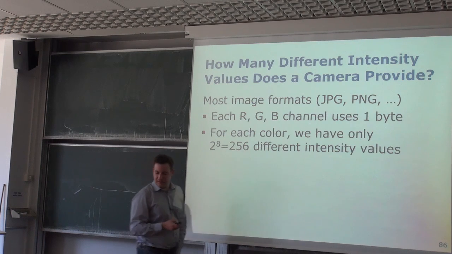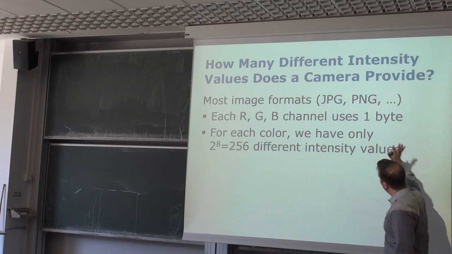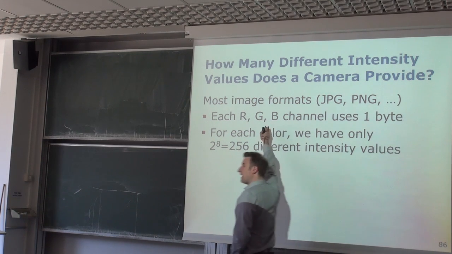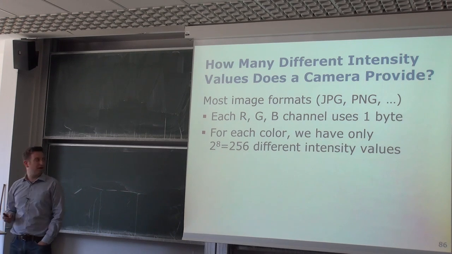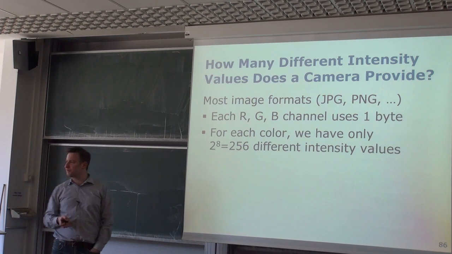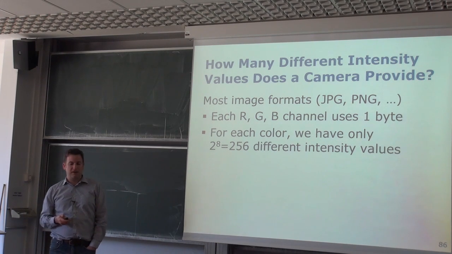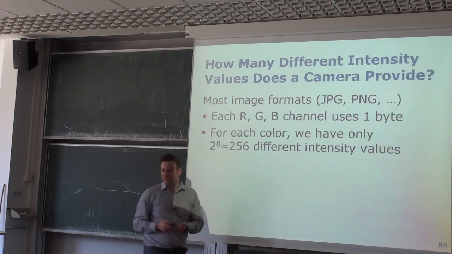So that means if you look at your standard JPEG or PNG format, for every one of those channels you get only 256 different possible values, which is often not sufficient for doing those monitoring tasks.